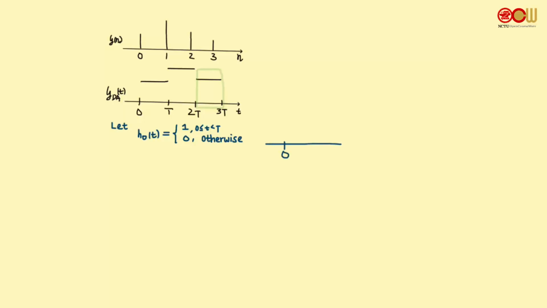Between 0 and T it is equal to 1, and it's 0 otherwise. This is h0(t). Now let's try to use h0(t) to describe y_DA.